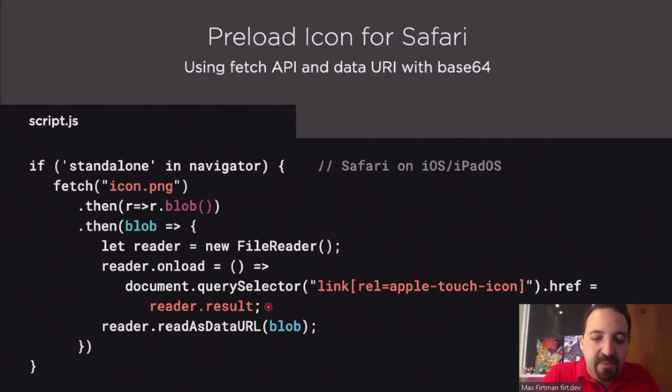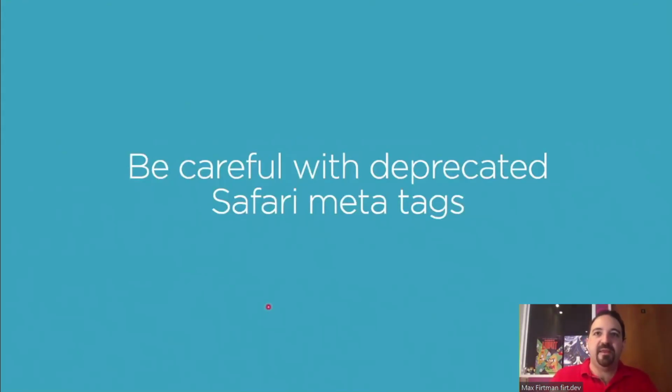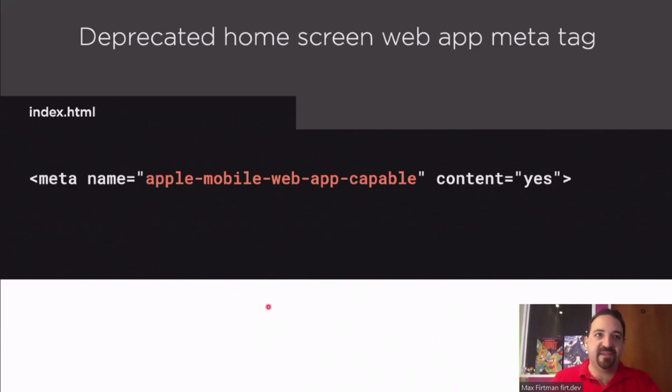What you need to be very, very careful with is the deprecated Safari meta tags, such as this one. Please don't add this meta tag in your PWA. It doesn't make any sense. You don't need to add this, okay? There is no need to add this. If you add this, what will happen is that if the manifest cannot be loaded or is taking too much time, this is what we're going to take as a fallback.